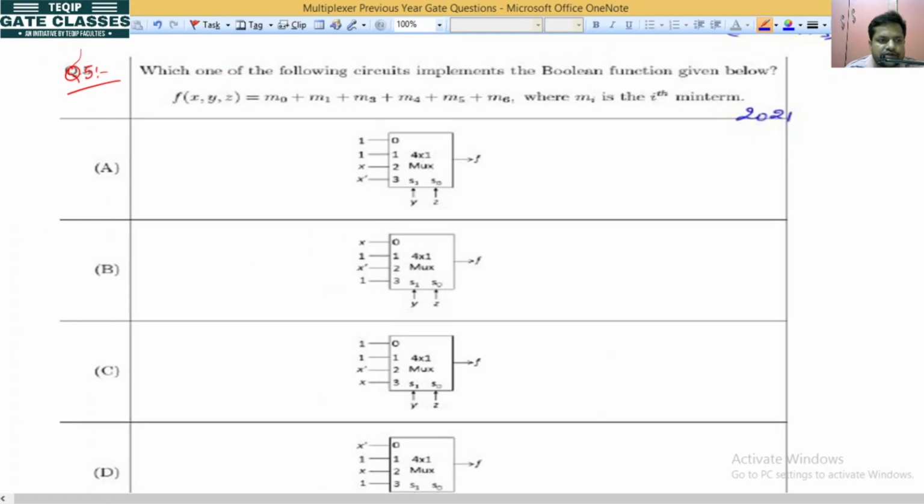Now the next question is: which one of the following circuits implements the boolean function given below? So this is our boolean function.